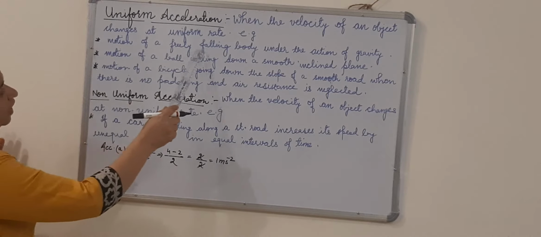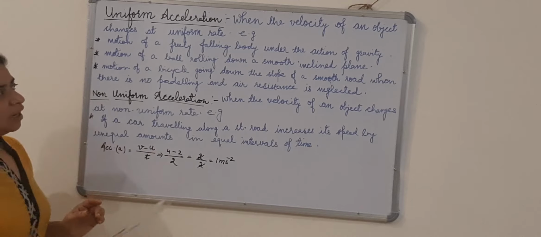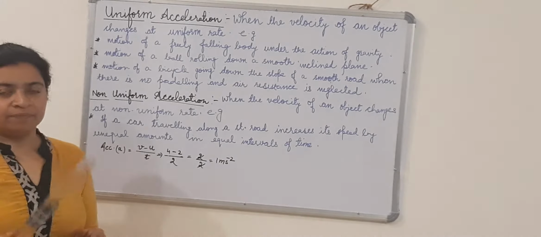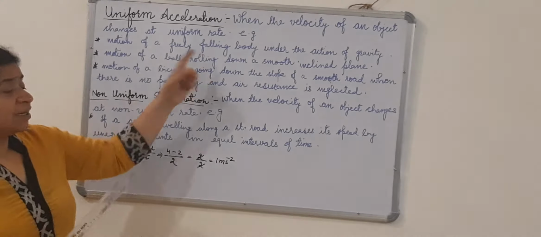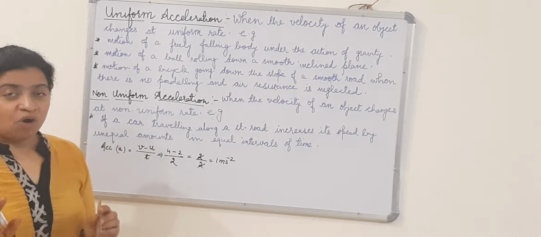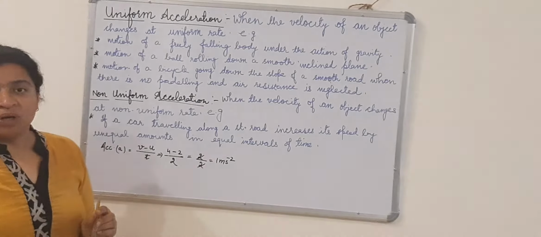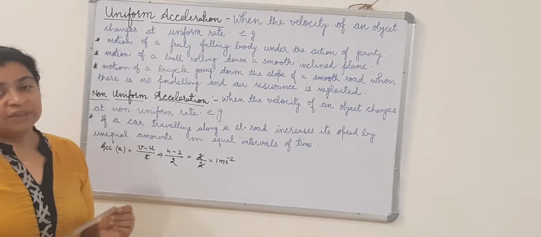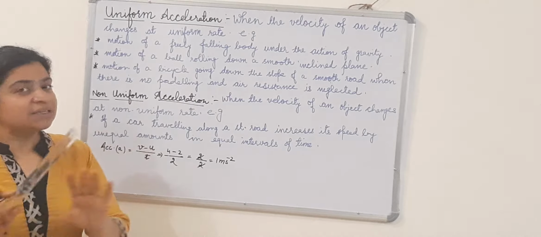Motion of a freely falling body under the action of gravity. Suppose you throw something, but children, this condition is possible only when there is no air resistance. Only the object is coming down under the influence of the Earth's gravitational force. That means in your surroundings there is no air.